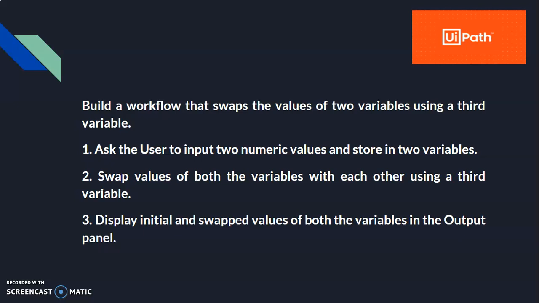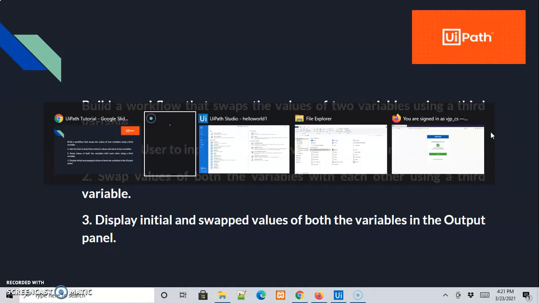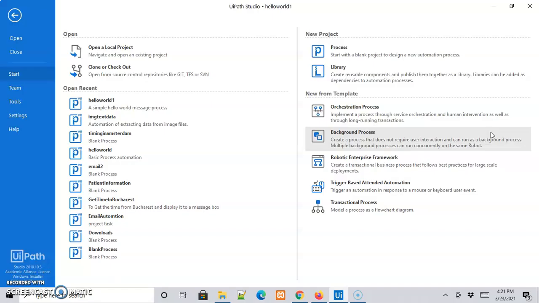The second task is to swap the values of both the variables with each other using a third variable. And the last task is to display the initial and the swapped values of both the variables in the output panel. So now let us go to the UiPath Studio and create a process.